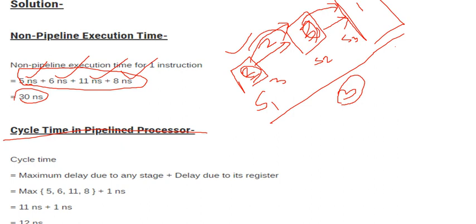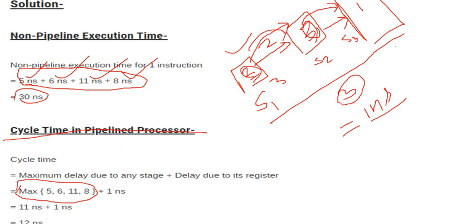So in the case of non-uniform stage delays, we will take the maximum clock time of any stage for the clock, and as we have 1 nanosecond of register delay in each clock. Because the register delay is uniform, how will we calculate the cycle time? It is the maximum amount of clock which is needed in any stage.